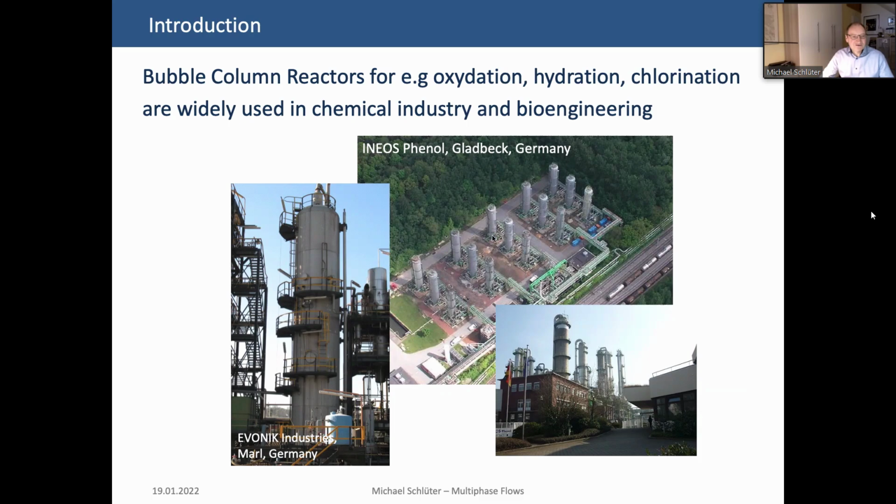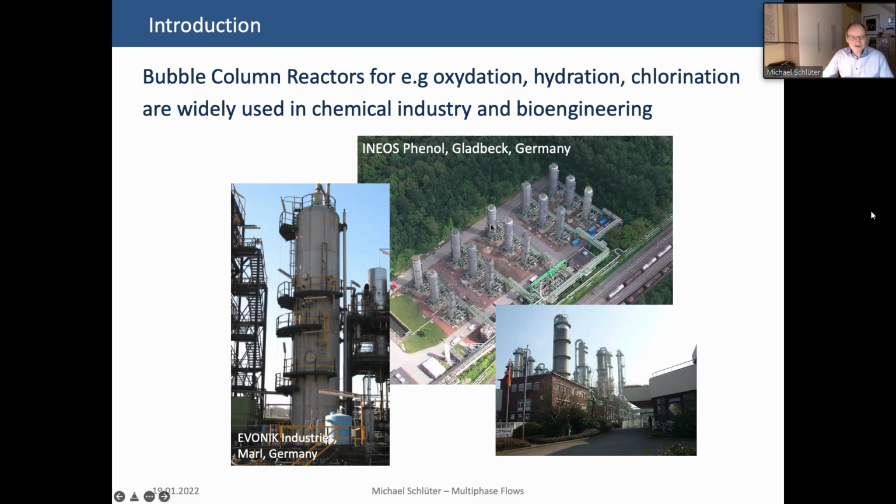And here you can also see the usual height of these reactors. Maybe you can estimate a little bit with these trees around the columns. So they're usually in the range of, let's say, 20 to 25 meters in height, and 1 to 2 meters in diameter. This is a typical shape of these columns, and for sure they are tall.